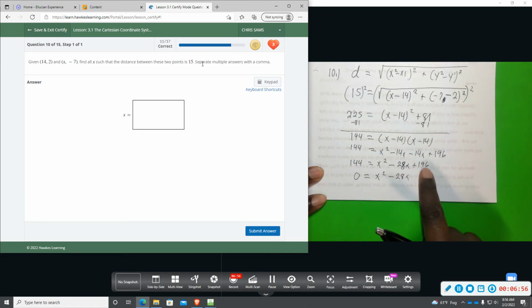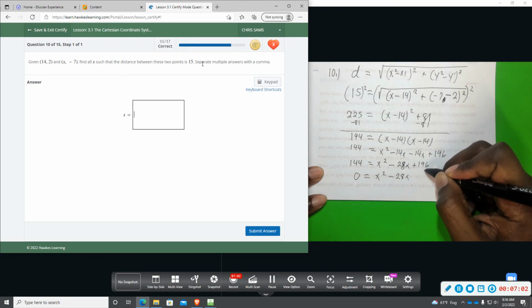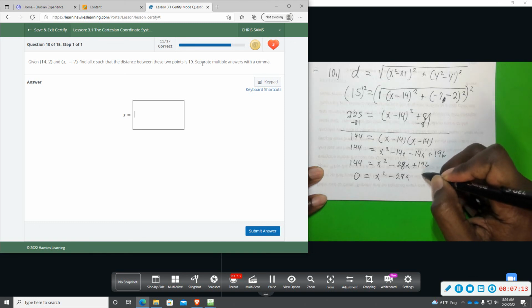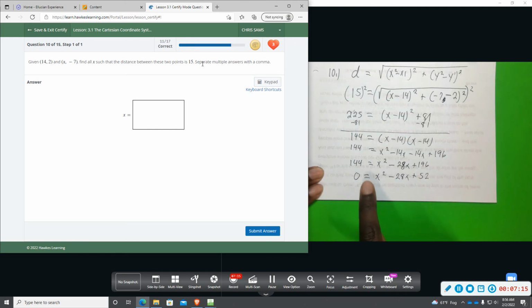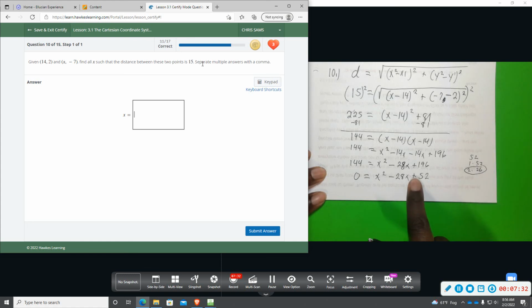When I subtract 144 from 196, that leaves us with 52. Alright, we're going to look at the factors of 52. 1 and 52, 2 and 26. And I think that's the pair we're going to need, 2 times 26. Because the back number is positive, we've got to add the factors to get 28, and that's what we need.